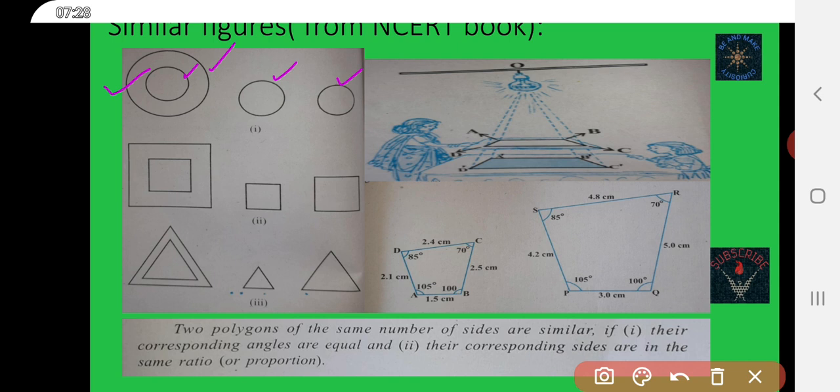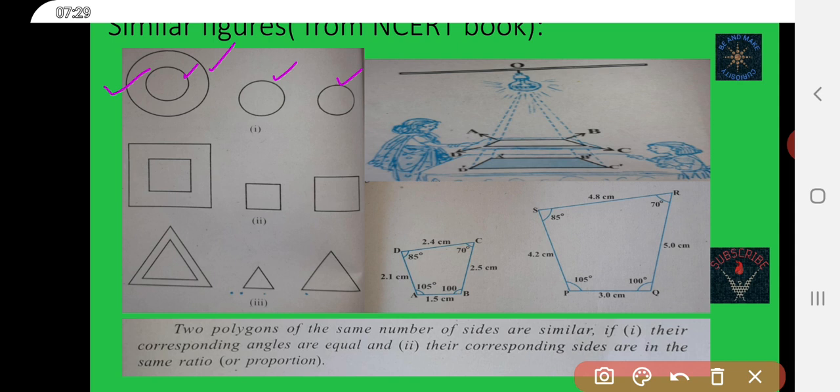When two figures have the same shape, we say they are similar. Here you see all circles are similar because they have the same shapes.